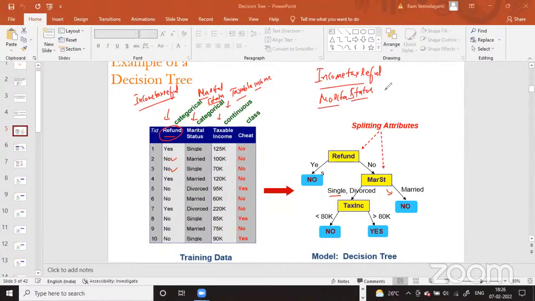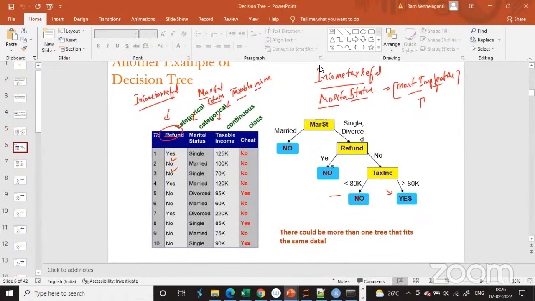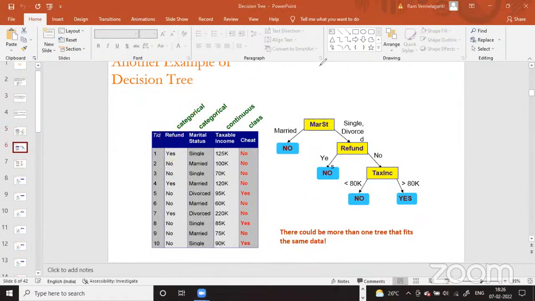This could be the most important feature. Or instead of marital status, I can also consider my taxable income. So multiple decision trees are possible for us to create. So you can consider, for example, your marital status. So this is my root node, marital status. This is my root node that I have.